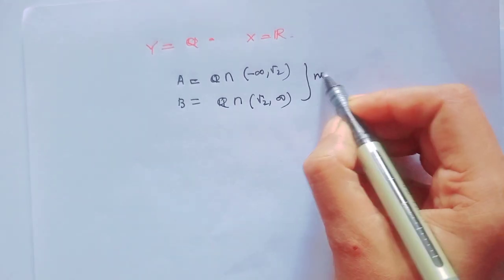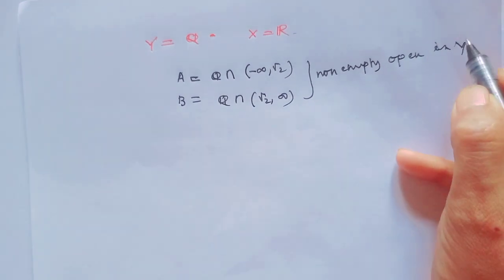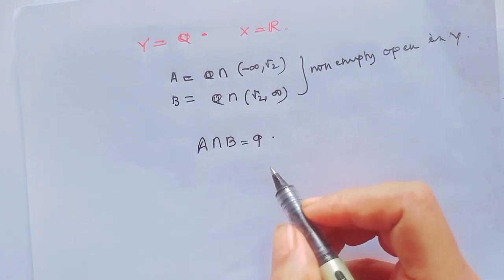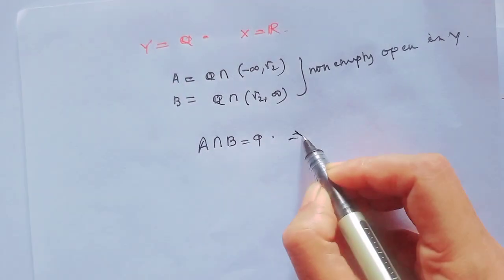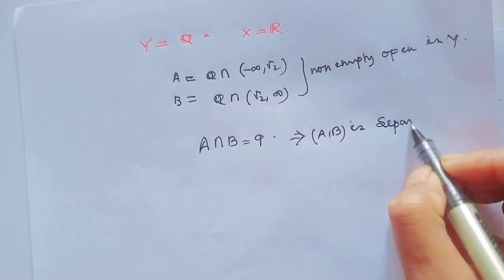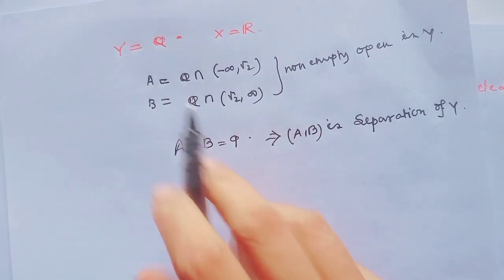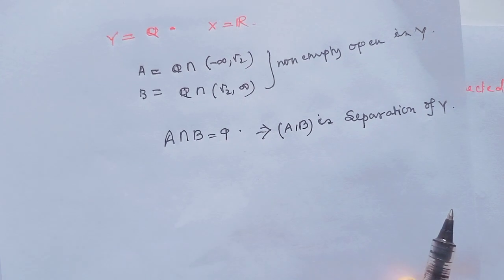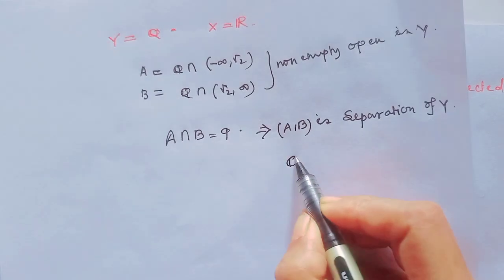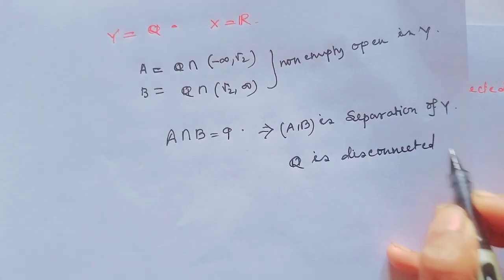Obviously these are non-empty open sets in Y and A intersection B equals phi. So A, B is a separation of Y. Since A, B is a separation of Y, Q is disconnected in the real line.